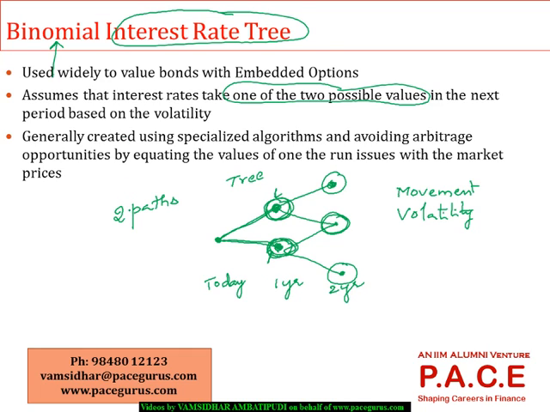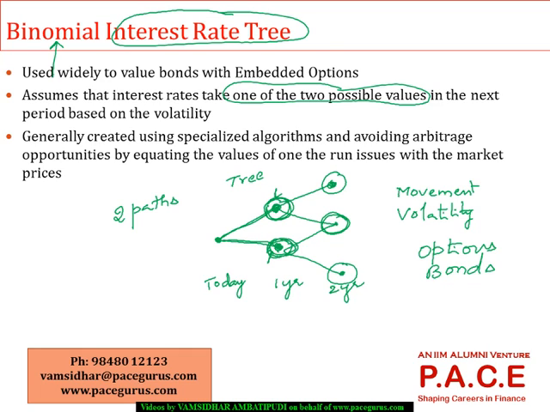This kind of tree, where we create two paths from each node, is what we call a binomial tree. Based on this binomial tree, we can value options, we can value bonds, we can do so many things.